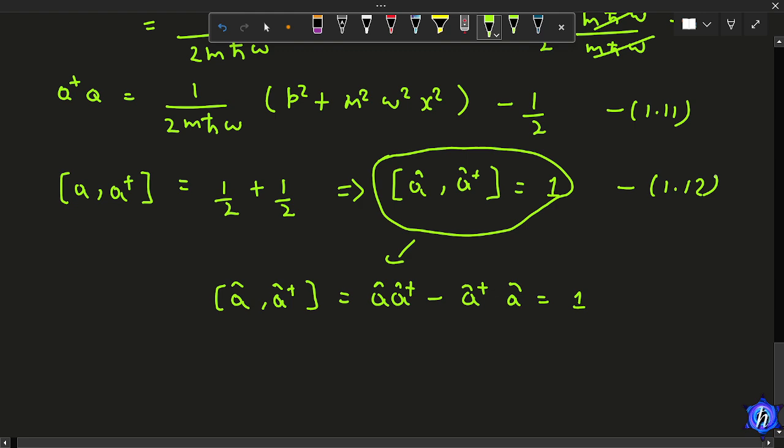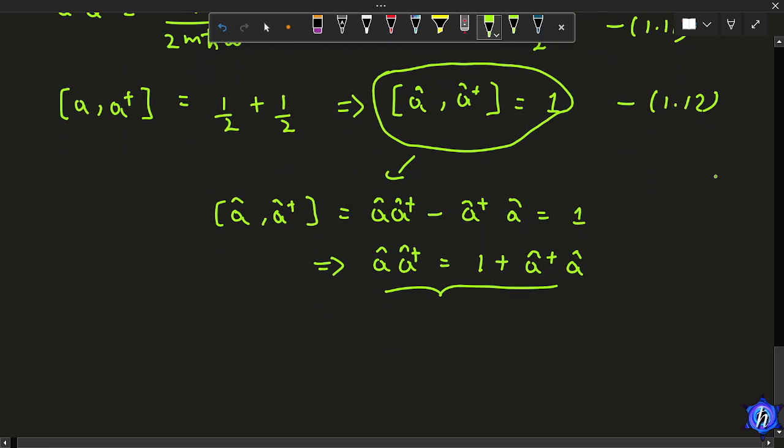So what I can do is rewrite this as A A dagger equals 1 plus A dagger A, and I will use this to rewrite my Hamiltonian that we just derived. H hat was, we derived this just above.